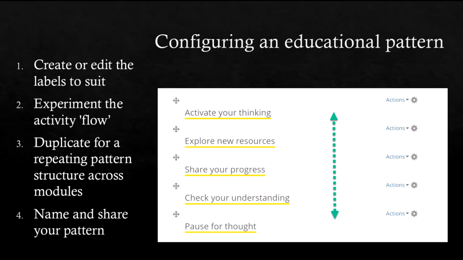So for instance, instead of always exploring new resources and then activating your thinking and then applying your thinking, what would happen if we checked our understanding first, then had a go, and then looked at new resources to check how that actually stacks up against, for instance, what's in the literature.